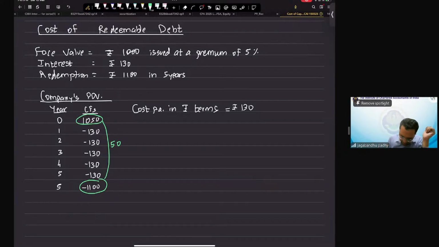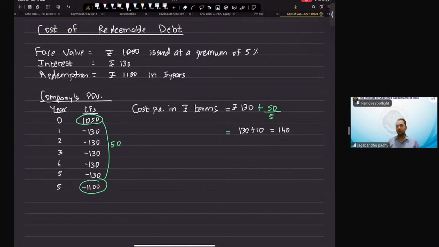So cost per annum should be 130 plus 50 upon 5. So ideally, the cost per annum in rupee terms will be 130 plus 10, which is 140.